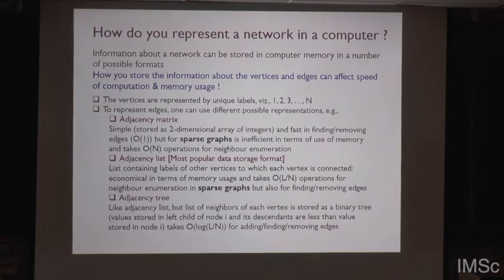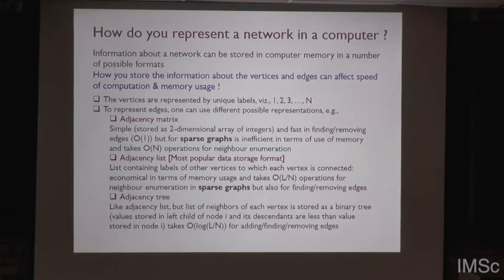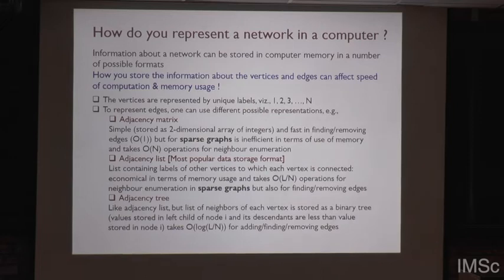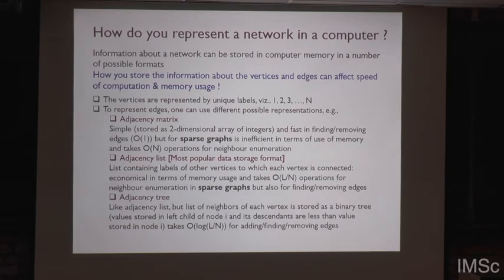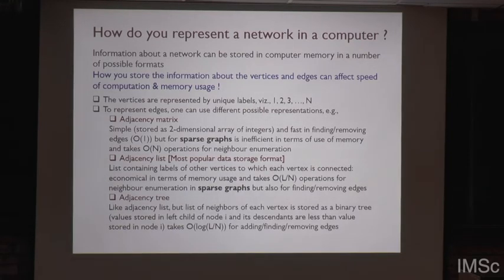It could be represented as each row saying which node you're talking about and its neighbors. So for example, this would be an example of an adjacency list.